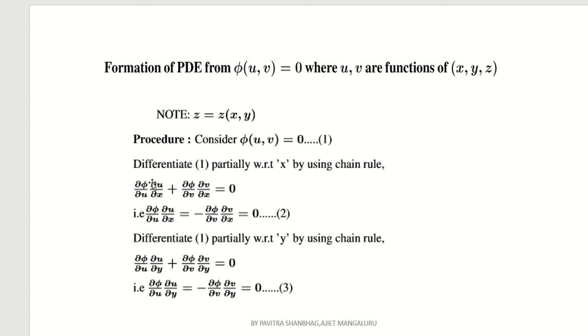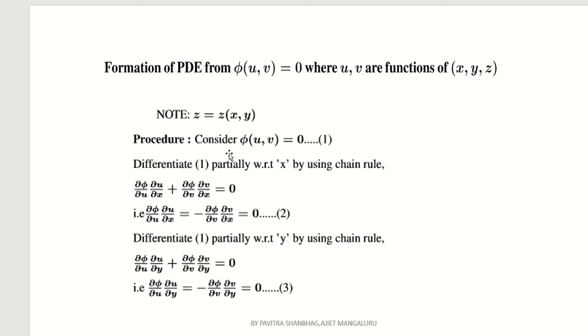So dou phi by dou u into dou u by dou x, plus dou phi by dou v into dou v by dou x equal to 0, or dou phi by dou u into dou u by dou x equals minus dou phi by dou v into dou v by dou x. Call it equation 2.